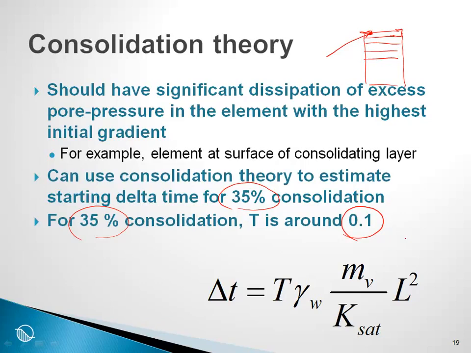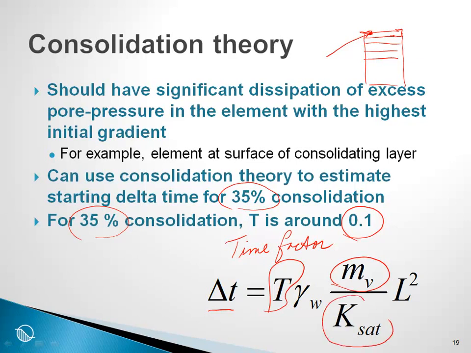Now you may recall from your consolidation theory that the delta T is related by this equation, where this is the well-known time factor. This is m sub v, a soil property. This is the saturated conductivity, also a soil property. And then we have some area term here, or in other words, if it was vertical flow, it would be the thickness of the element or the thickness of the sample, so to speak.